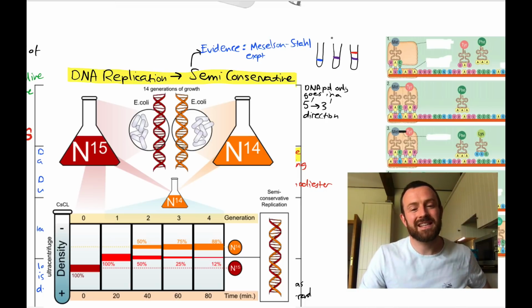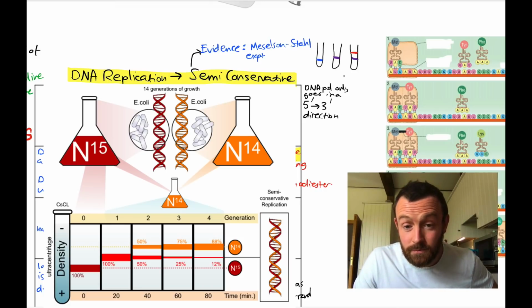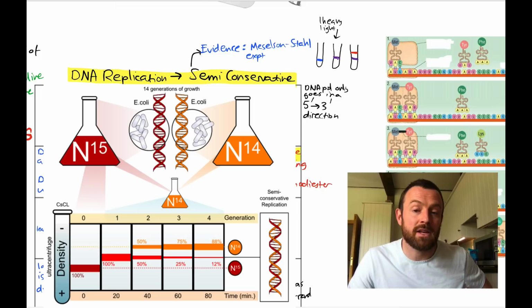So this data can only be explained by semi-conservative replication, because this is all the old DNA. This is the new DNA that contained one heavy and one light strand. If you want to add that detail, you can. So one heavy, one light strand, forming an intermediate molecule.